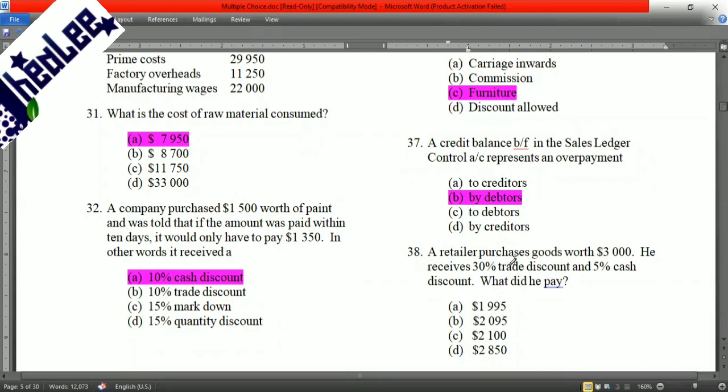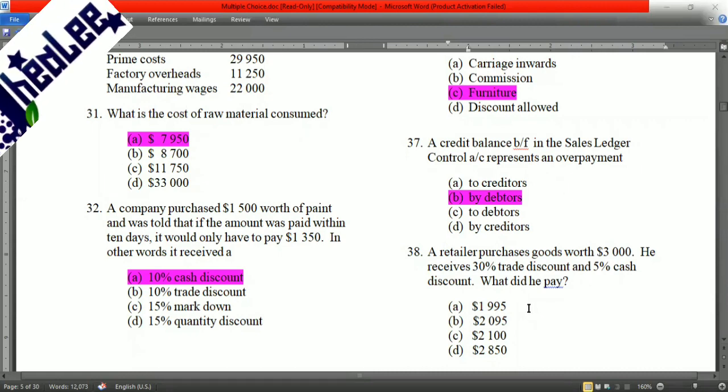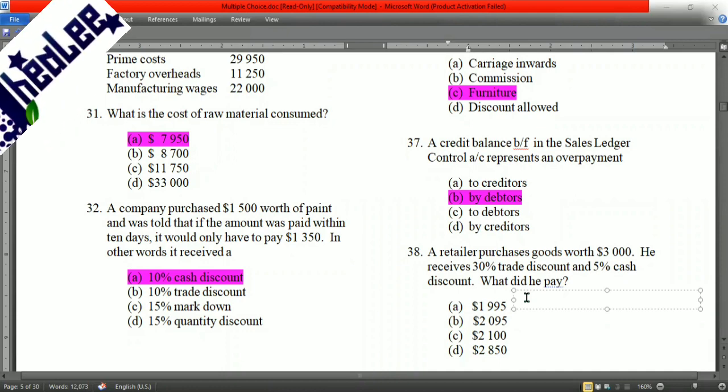A retailer purchases goods worth $3,000. He receives 30% trade discount and 5% cash discount. What did he pay? So upon making that purchase, a trade discount was given, and the order in taking out the discount is that you'd have to take out your trade discount and then you take out your cash discount.